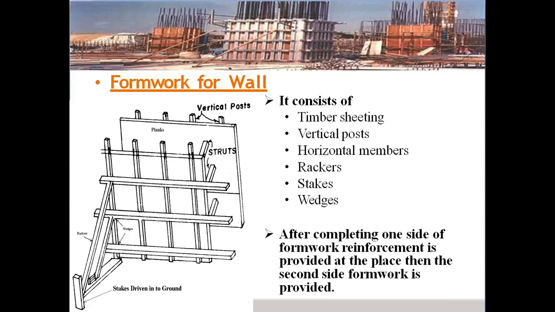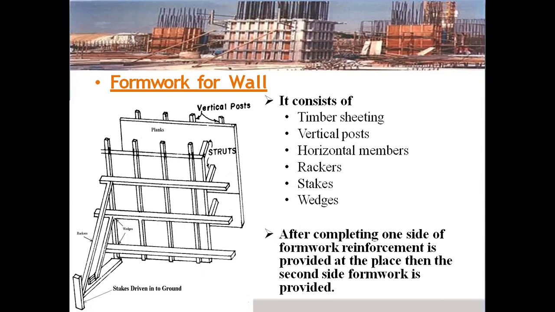After completing one side of the formwork, when we place the timber sheeting, it is supported by the vertical posts, those are supported by the horizontal members, and all the members are being supported by rackers and wedges.